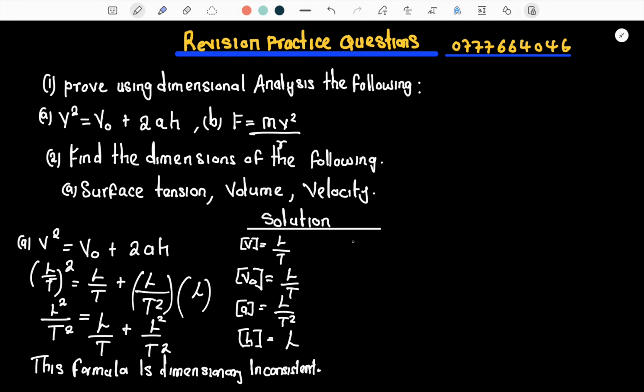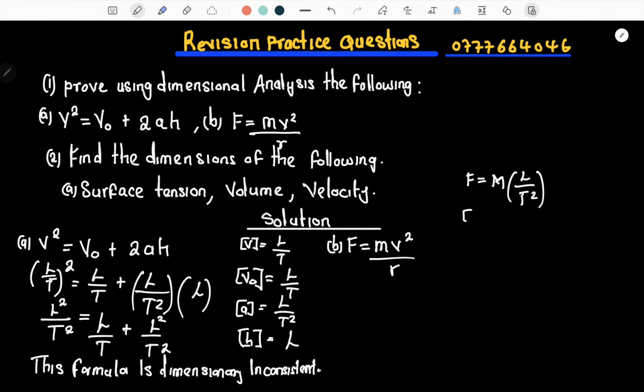The second one is actually B. We have force is equal to the mass multiplied by the velocity squared over the radius. The dimensions of force is simply M, then L over t power 2.